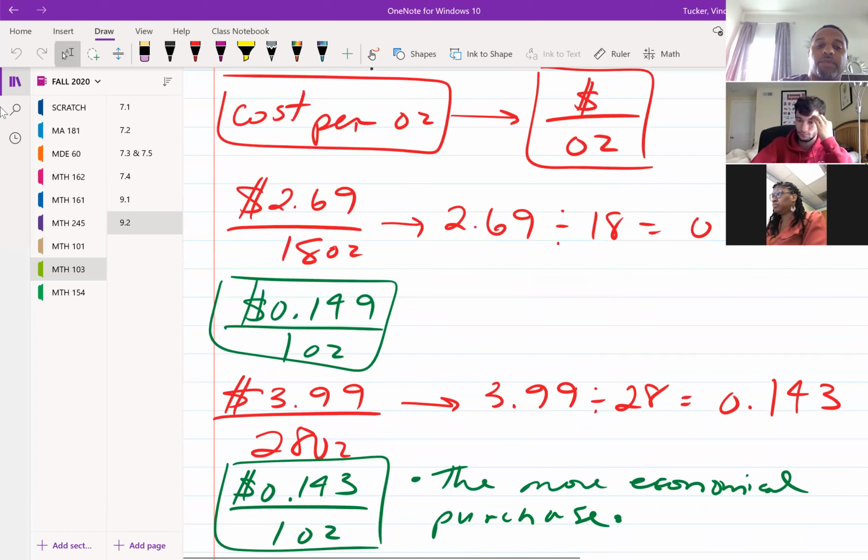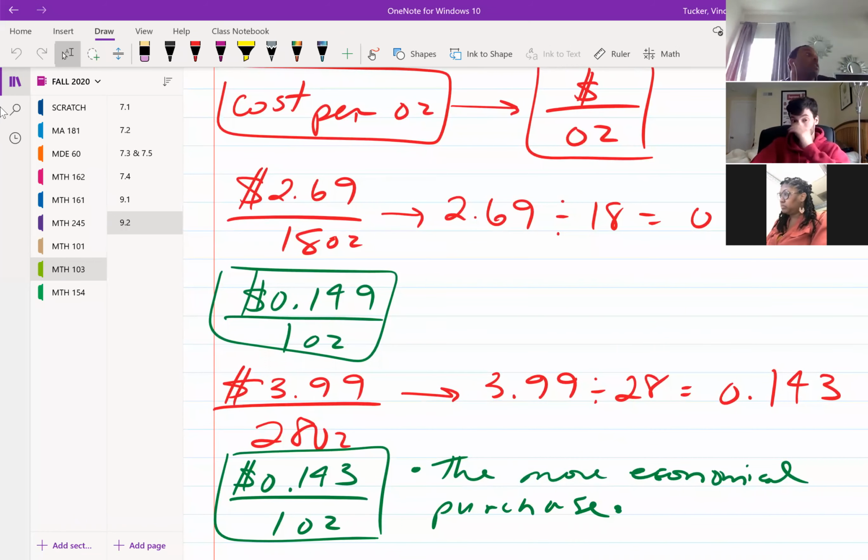Next one, $3.99 divided by 28, and that will be 0.143 per ounce. So that means the more economical purchase would be the 28-ounce jar for $3.99.